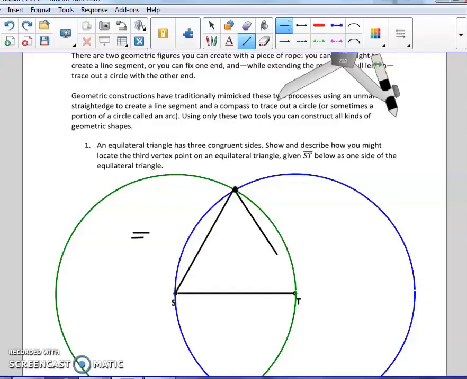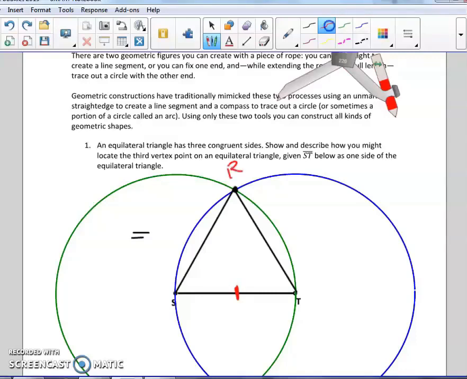Now, we discussed in class why mathematically that is so, because we know that line segment ST is a radius of circle S, so we can mark it with 1 tick mark. We also know that line segment SR is a radius of the same circle, the green circle, so those have to be congruent.